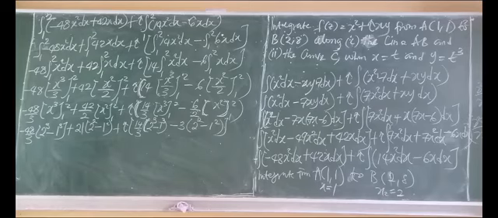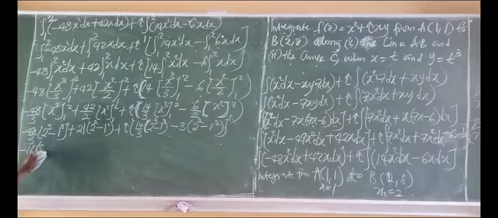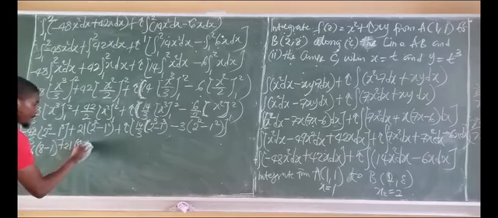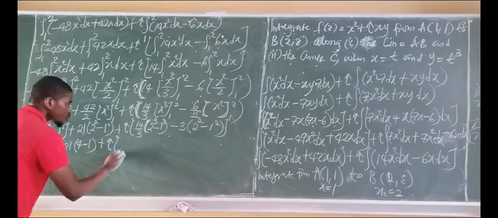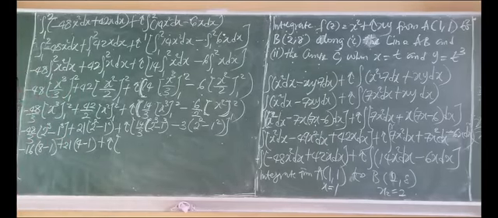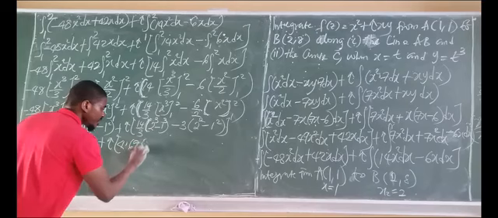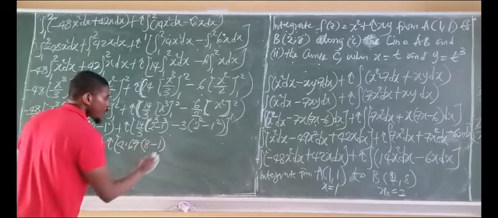Okay, let's evaluate 48 divided by 3. 48 divided by 3 gives us 16. So you have minus 16 into 2 to the power of 3 is 8, minus 1 to the power of 3 is 1, plus 21 into 2 to the power of 2 is 4, minus 1 to the power of 2 is 1, plus i into 14 divided by 3. 14 divided by 3 gives us 4.67, into 2 to the power of 3 is 8, minus 1 to the power of 3 remains 1.